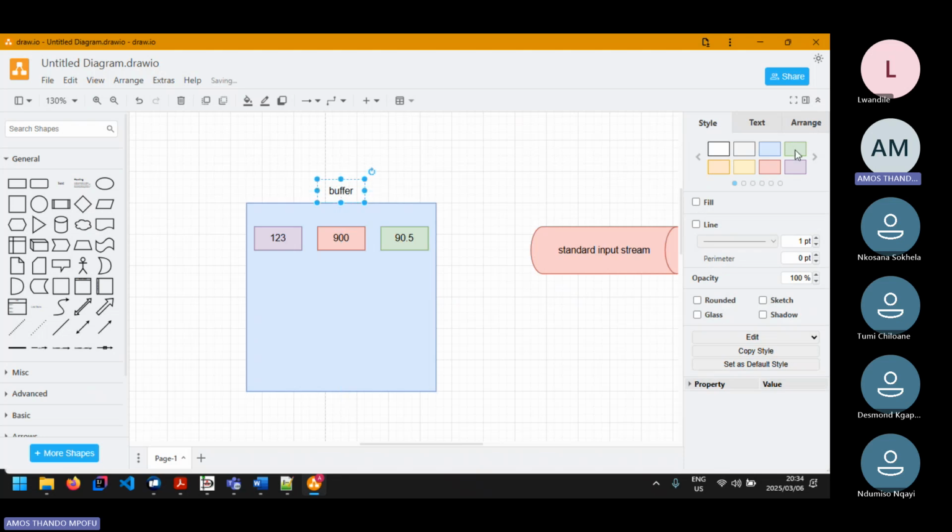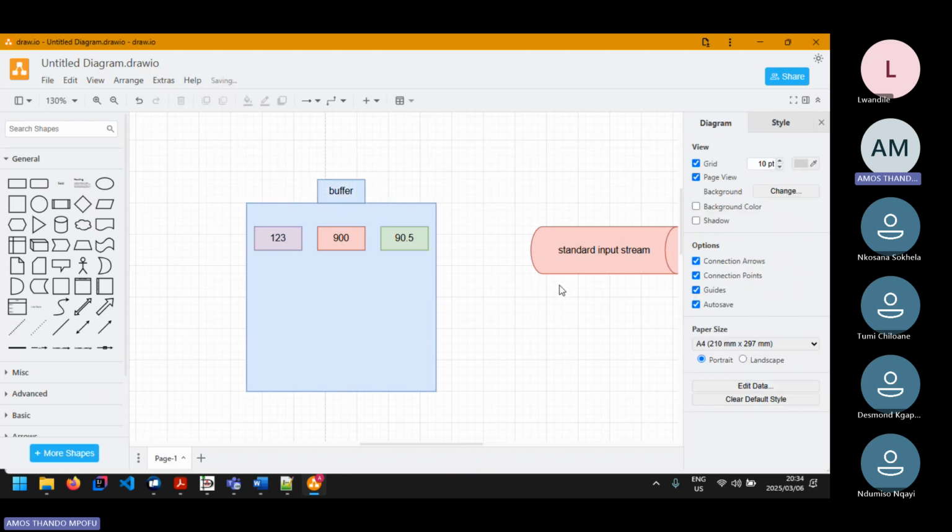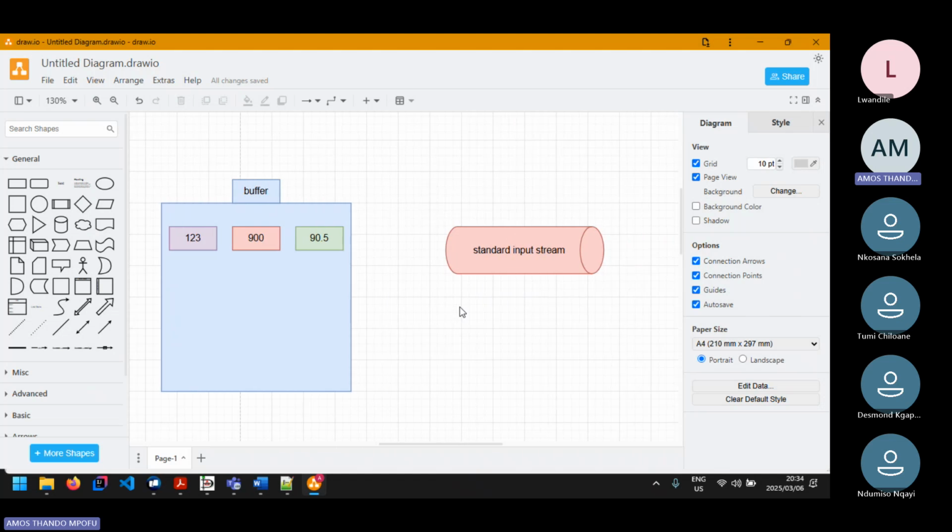When the buffer sees the cin statement, cin refers to the standard input stream, which is like a pipe for receiving information.